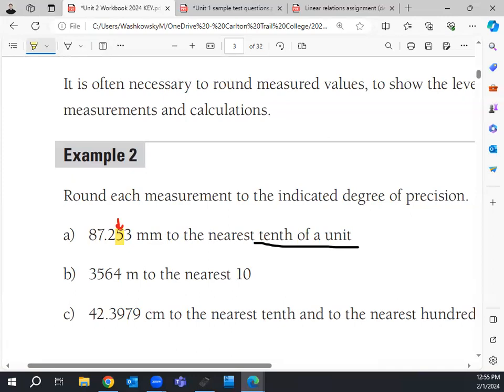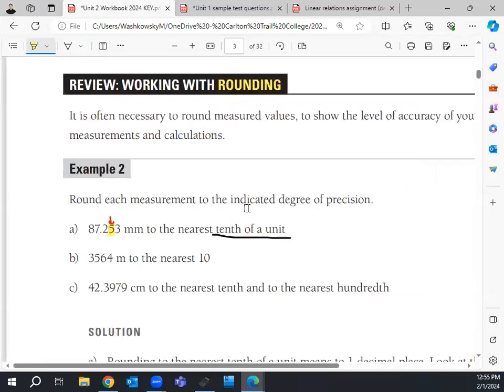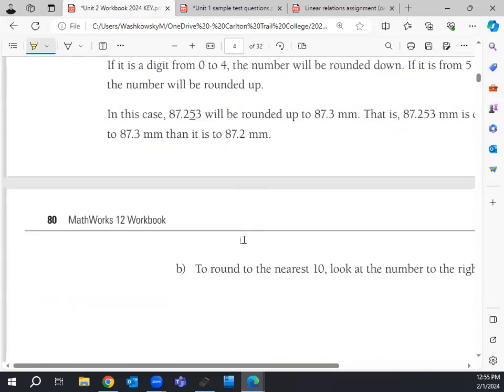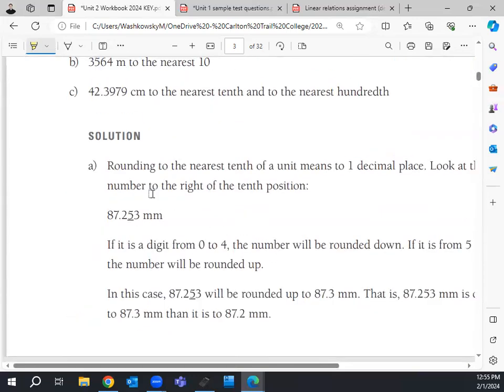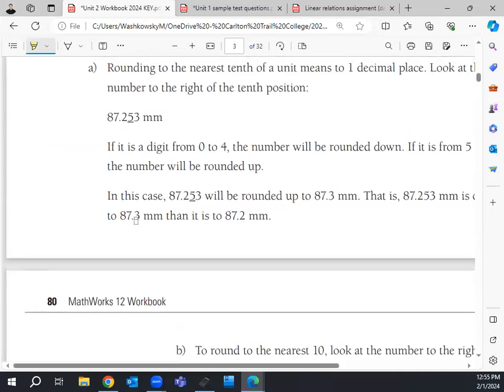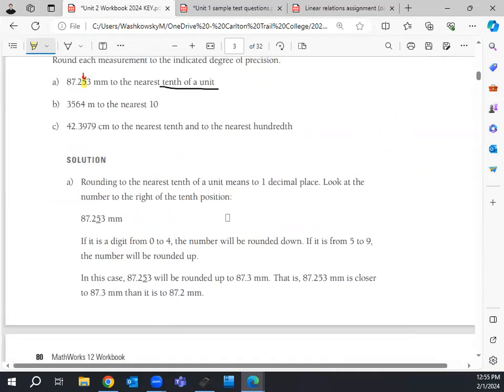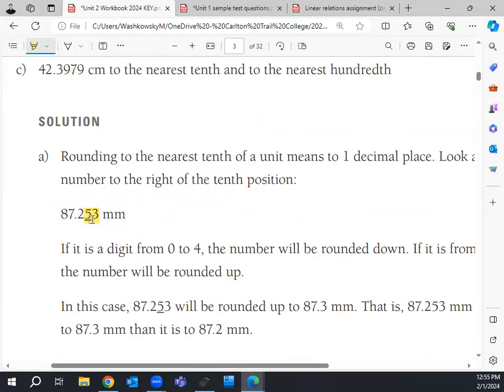So how I actually round things is, oh, I see, I've left this in here accidentally. I've left an example here for question A. But you can see what I've done is I know it's the nearest 10th of a unit, that's this 5. So the first thing I'm doing is identifying what point that is. It's that 5, the one with a little underline there.